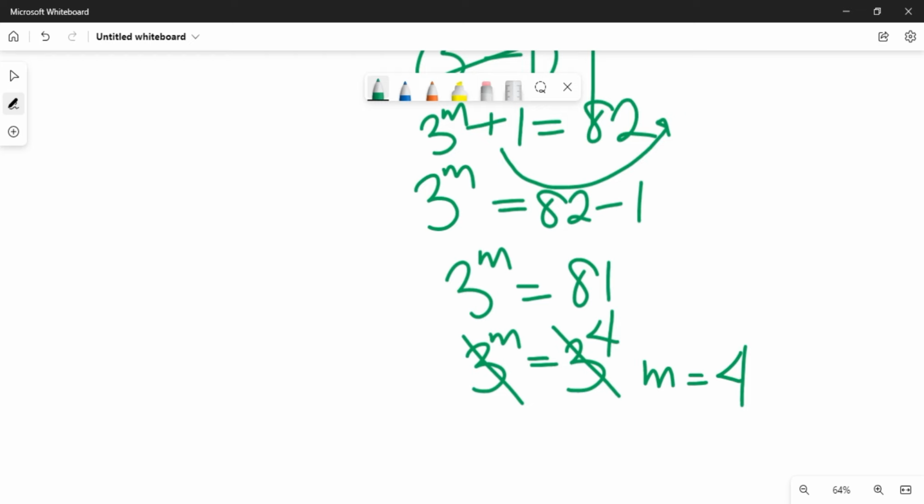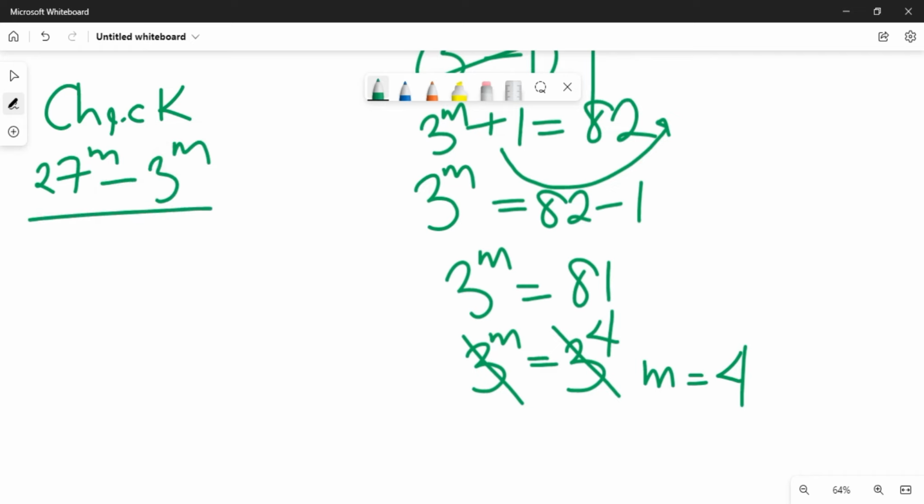Now let's check to find out if this solution is correct. Remember, we are asked to find the value of 27 raised to power m minus 3 raised to power m all over 9 raised to power m minus 3 raised to power m, and we want to confirm if it is equal to 82.